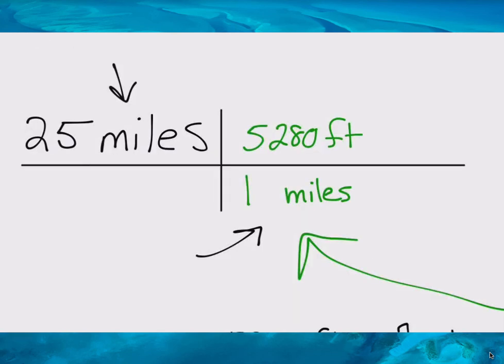Now, because I have miles in the top and miles in the bottom, what happens to them? They cancel out. Not the numbers, just the units. Think of miles as like that hunk of cheese, or the A, or X, or Y. It's just a placeholder. The miles goes away, and I'm left with two fractions I can multiply.